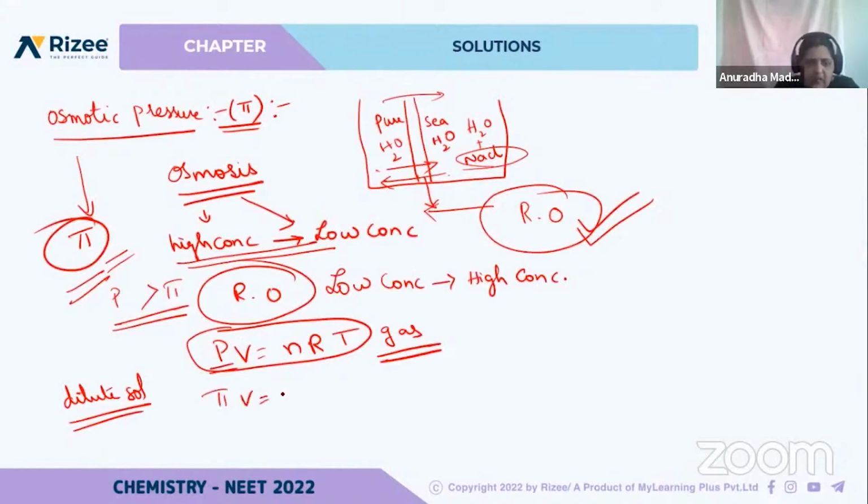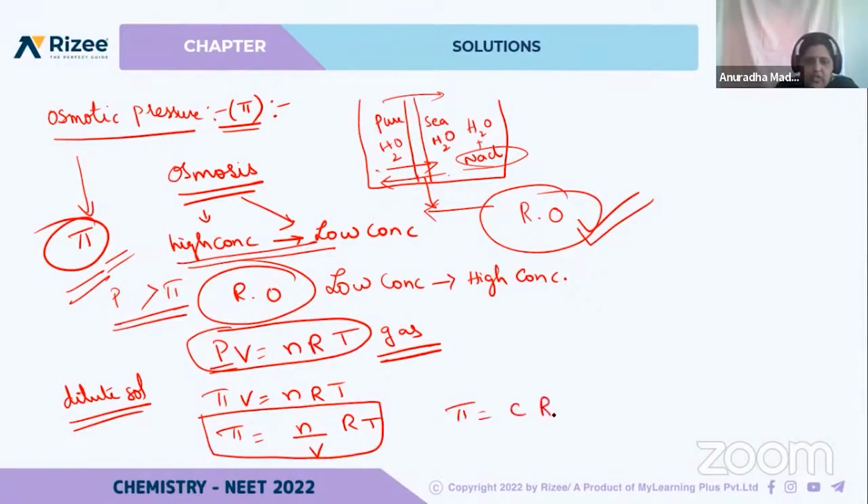So pi V equals nRT, so pi equals n by V times RT. Moles by volume is concentration, so pi equals CRT. In this manner, we calculate osmotic pressure from concentration, gas constant, and temperature. Osmotic pressure pi equals CRT.